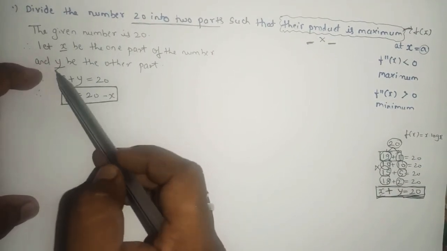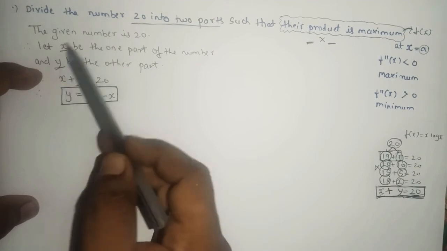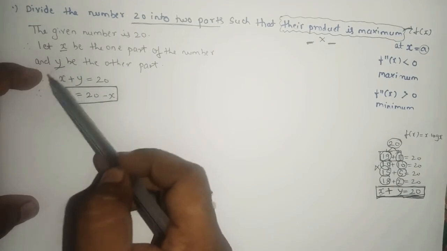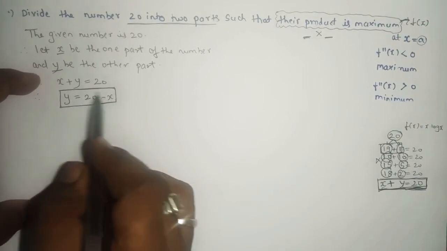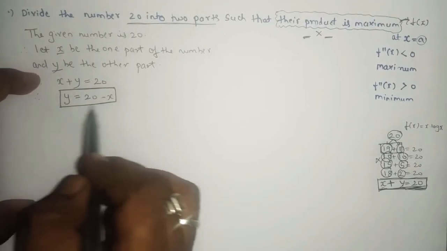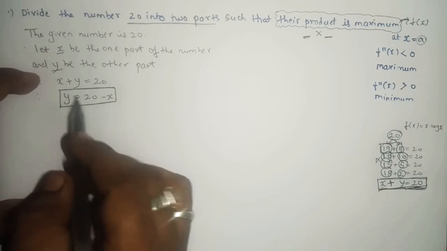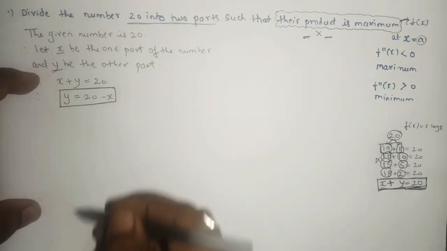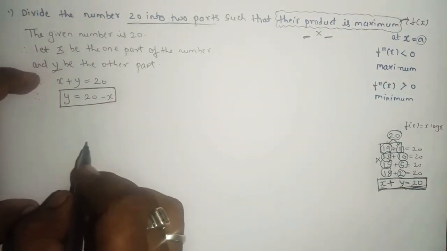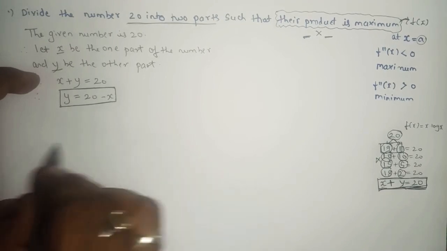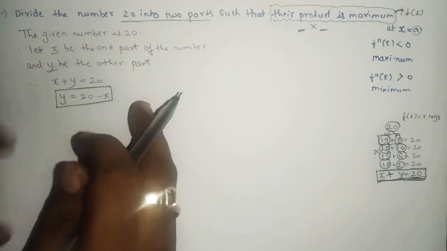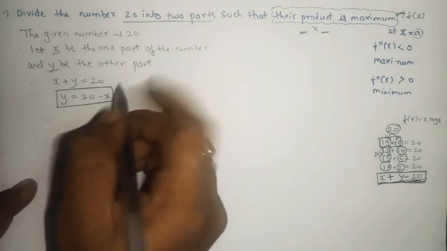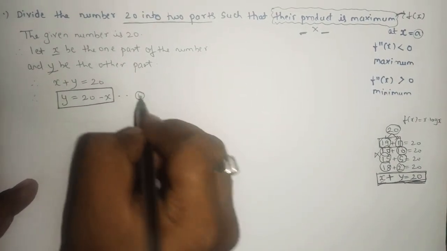You can take a and b, or c and d, any alphabet you can take here. But it is compulsory that you prepare one value in such a way that when you derivate the terms, it is in terms of one single alphabet only, either x or y. We'll give this as equation number 1.